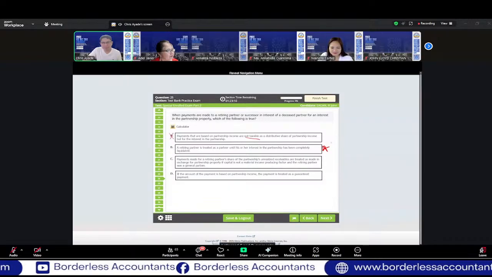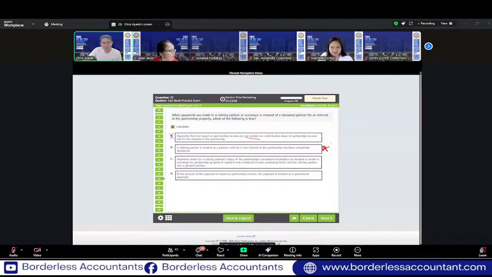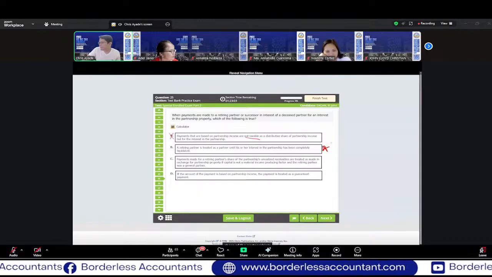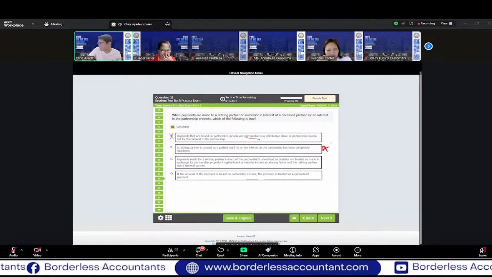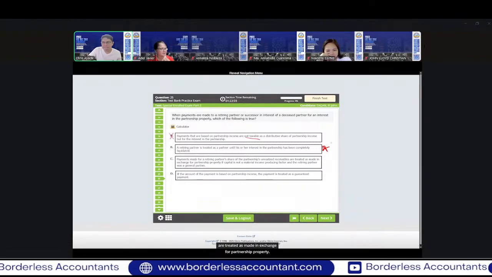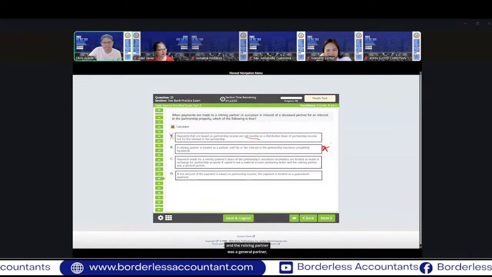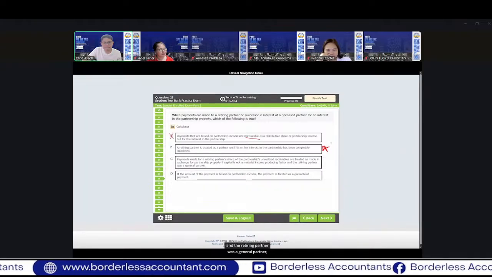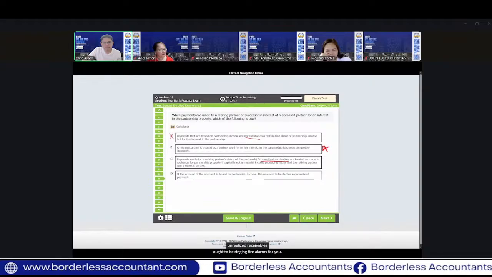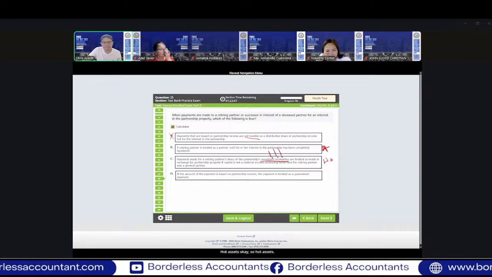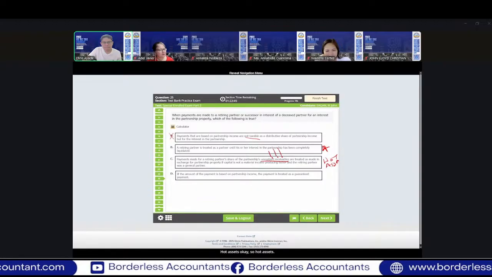Let's read C and D. Payments made for a retiring partner's share of the partnership's unrealized receivables are treated as made in exchange for partnership property if capital is not a material income producing factor and the retiring partner was a general partner. Unrealized receivables ought to be ringing fire alarms for you. Hot assets.